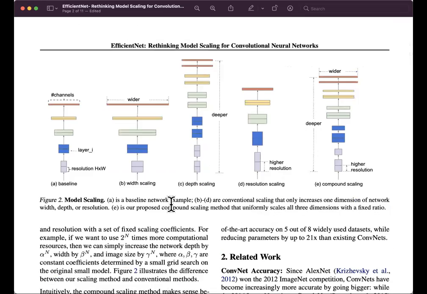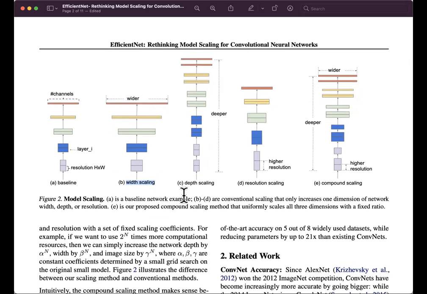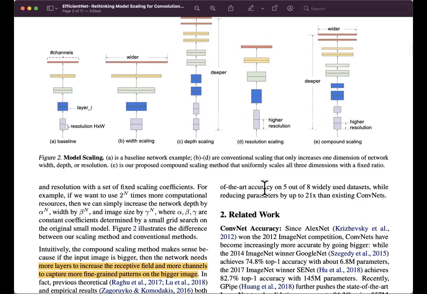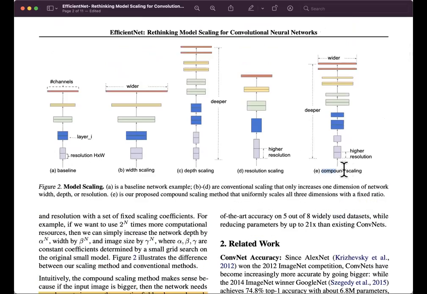In width, depth, and resolution, there are relationships among them, and if we only scale one of them, it is not as effective as compound scaling.